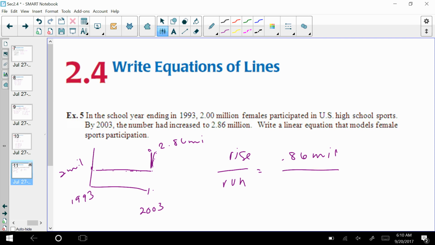And our run is from 1993 to 2003, which is 10 years. So our rise over run, or our rate of change, is 0.86 divided by 10, which is 0.086.